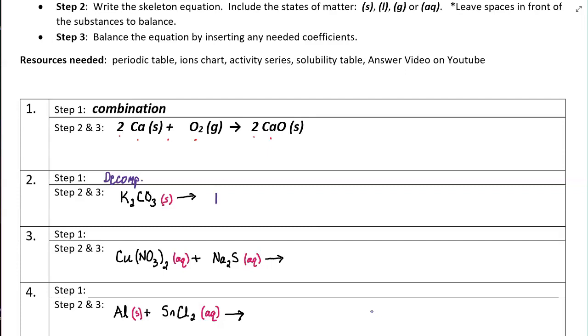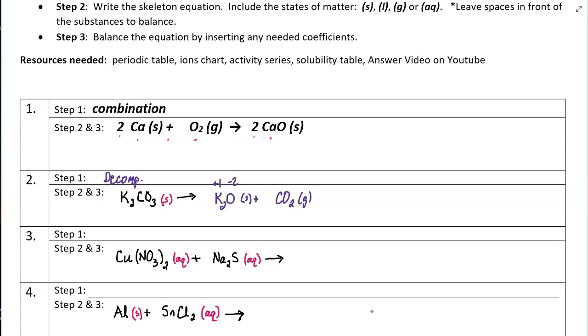So our metal oxide is potassium oxide. Potassium is positive 1. Oxide is negative 2, with crisscross method K2O1. Potassium oxide is solid. The other substance produced is carbon dioxide gas.